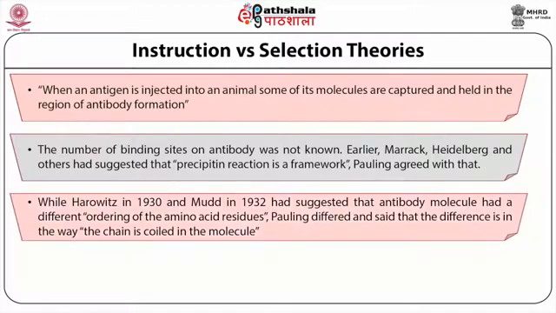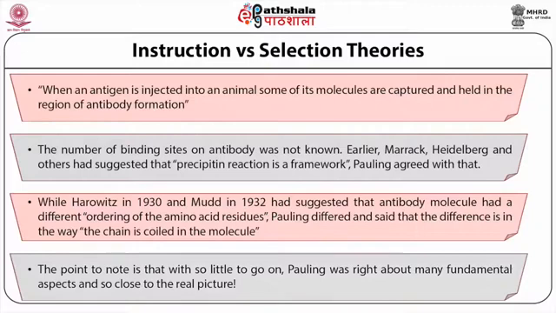While Haurowitz in 1930 and Mudd in 1932 had suggested that antibody molecule had a different ordering of the amino acid residues, Pauling differed and said the difference is in the way the chain is coiled in the molecule. The point to note is that with so little to go on, Pauling was right about many fundamental aspects and so close to the real picture.